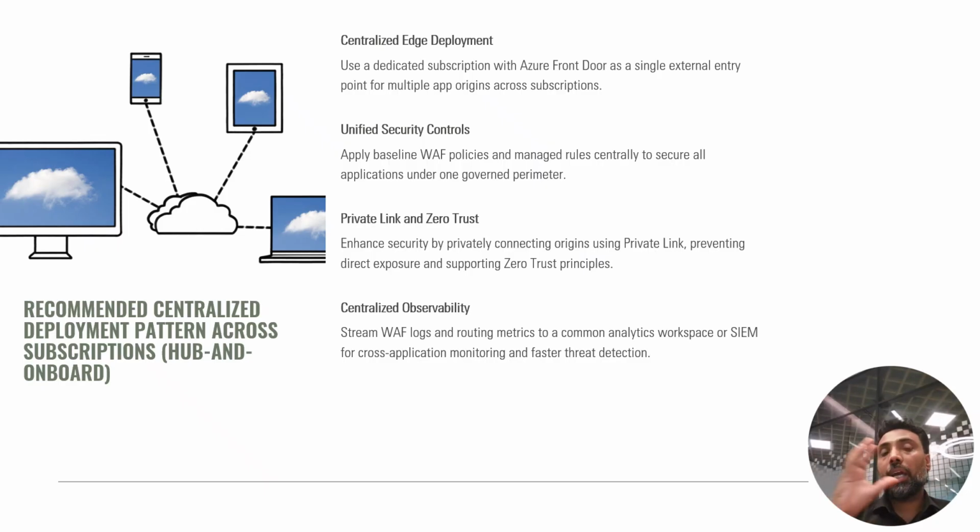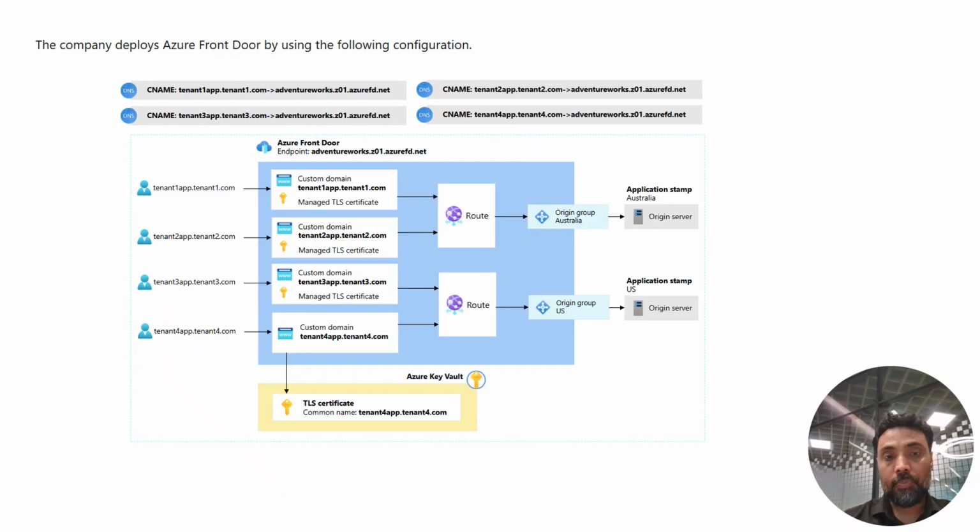All those blacklisted IPs are already protected, and all those geo restrictions are already applied. This is the benefit. As explained earlier, this can protect multiple applications sitting in multiple subscriptions or multiple regions, and WAF sits on the edge location on top of this.